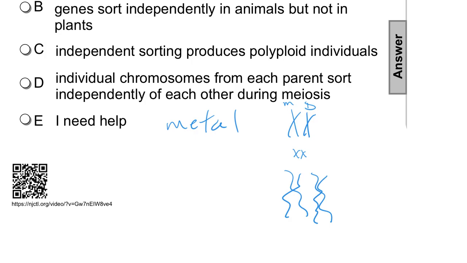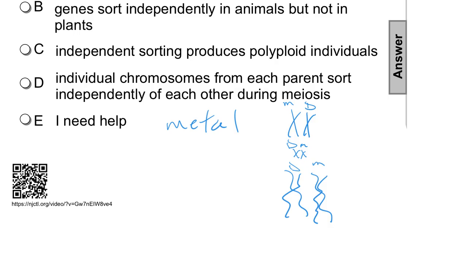And so the way they line up is totally random. So that could be dad's on the left side and mom's on the right side. And now there's 23 homologous pairs, at least for human chromosomes. So it's like shuffling a deck of 23 cards.